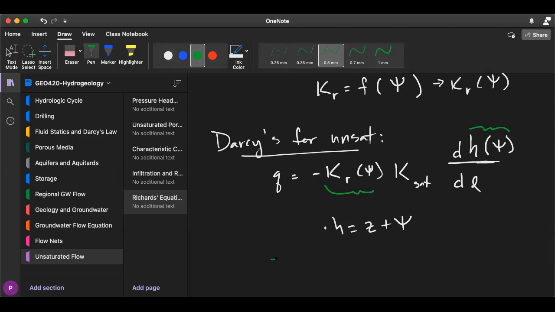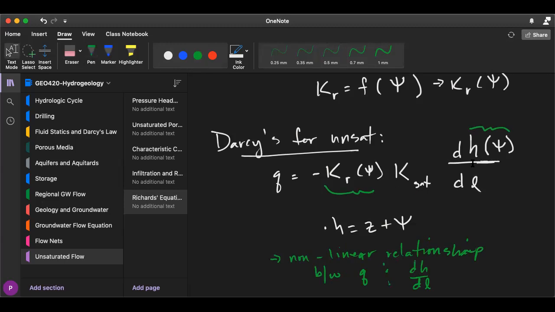So unsaturated Darcy's is what we call non-linear, because K effective is not constant.